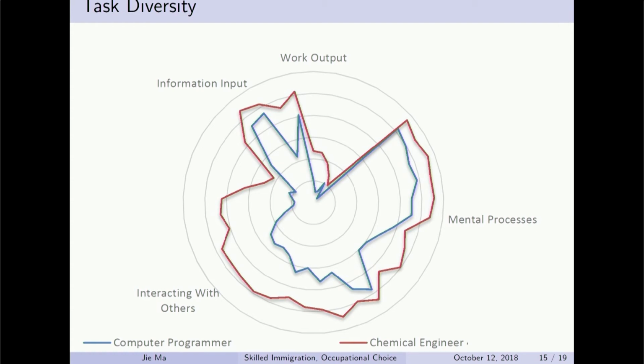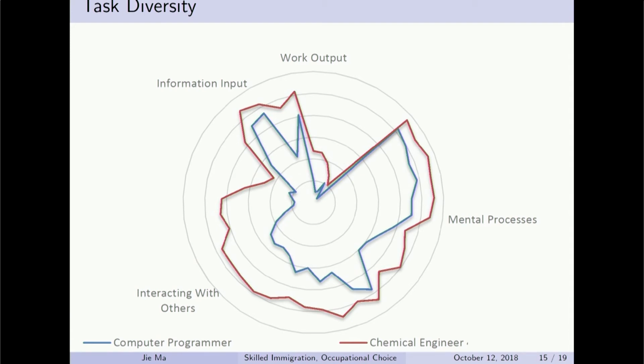For computer scientists, the majority of the tasks being performed are mental, cognitive tasks. While if you compare it with chemical engineering, the other STEM occupations, this occupation expands its task space more evenly. There are a lot of interactive tasks required by this occupation.